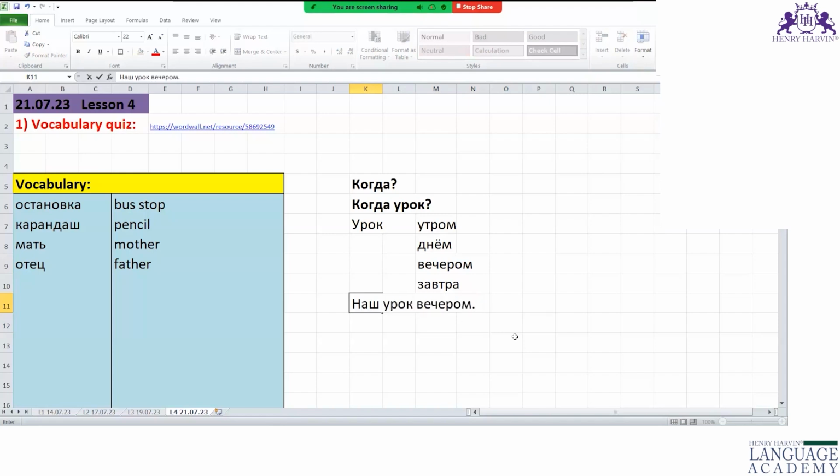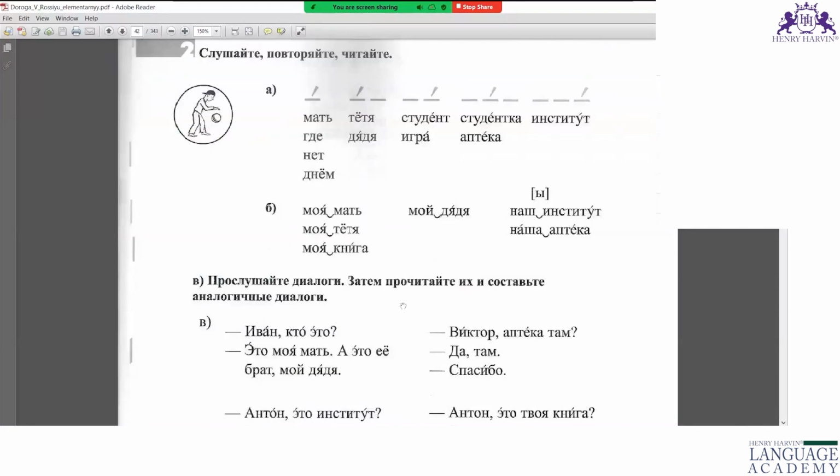Our lesson is in the evening. Наш урок вечером. So here we have the new word днем. The new word means in the afternoon. Okay, so that is our new word here.